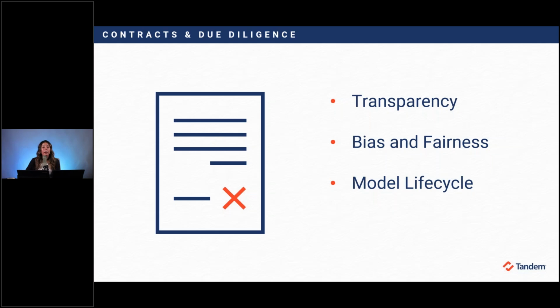You want to document how they're documenting how models are versioned, updated, or retired. And then liability, who's responsible if the AI makes harmful or costly decisions. These additions build on your existing vendor management practices, but with a lens that specifically accounts for AI-related risk. So as you can see, managing AI vendors requires more than just standard due diligence. It means asking the right questions, setting clear expectations, and building those into your contracts.